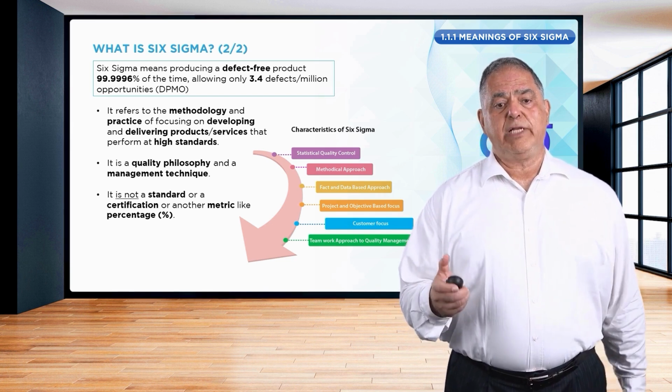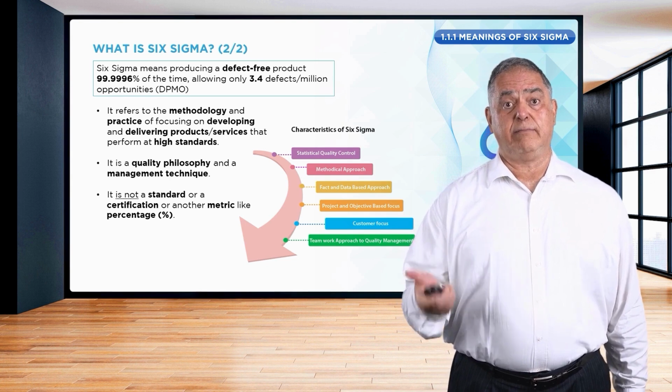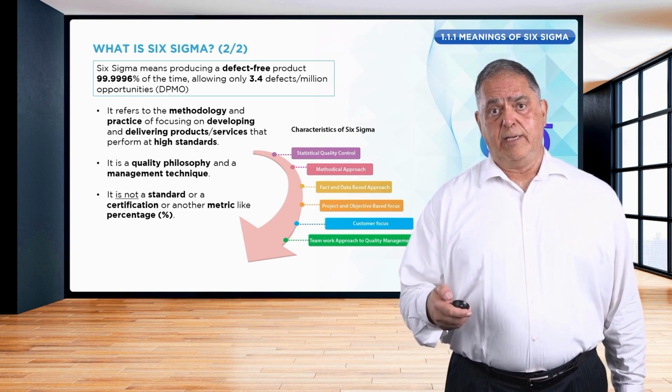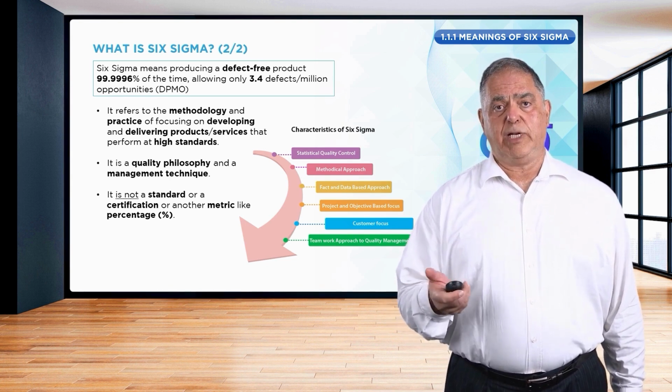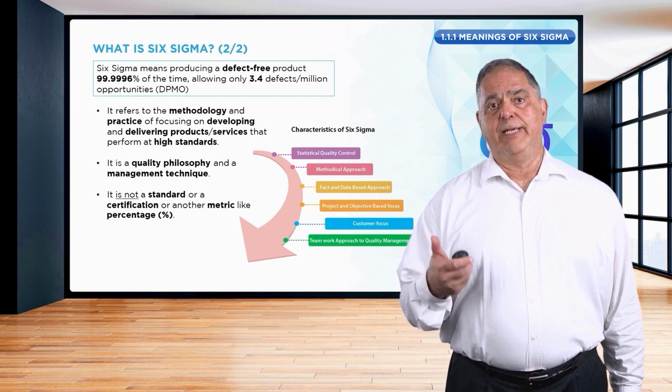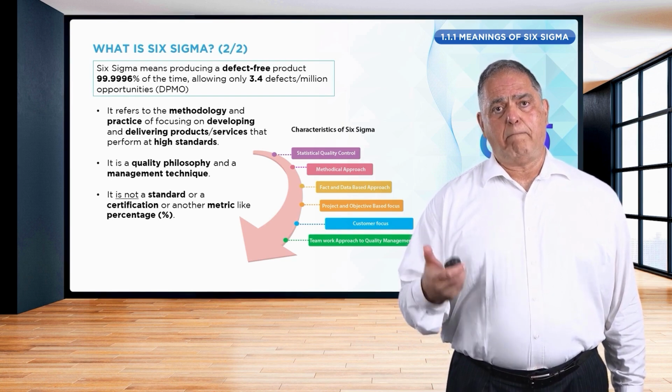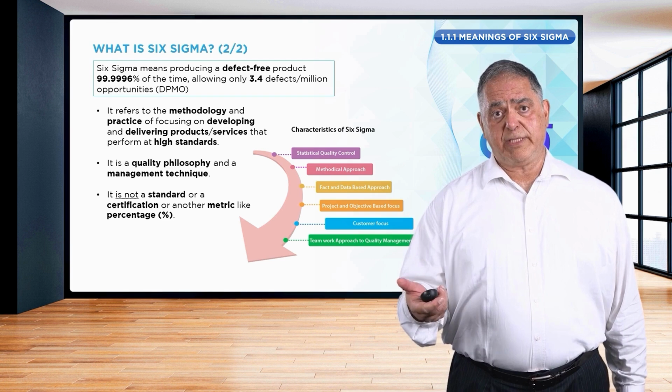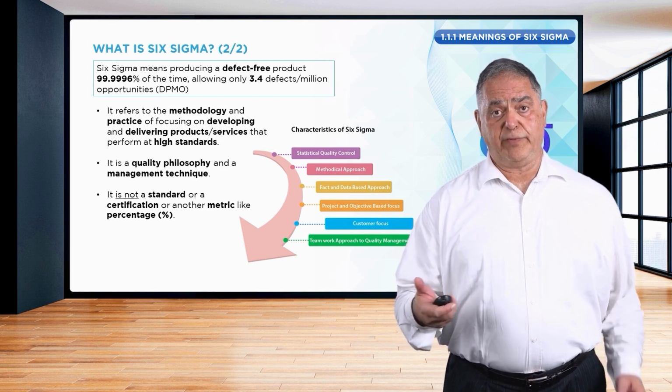It is also a quality philosophy and a management technique. Organizations like General Electric made Six Sigma part of their business culture, but also part of their business strategy.